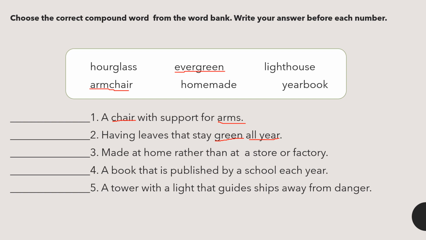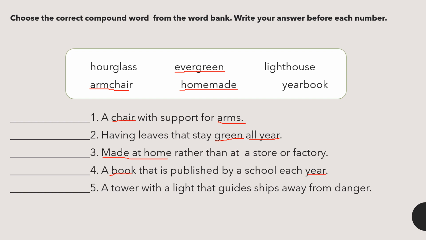And number 3 is made at home rather than at a store or factory. So our clue is it is made at home. From the choices given, we have homemade as the best answer. And number 4, it is a book that is published by a school each year. So we have book and it is being published yearly, or each year.